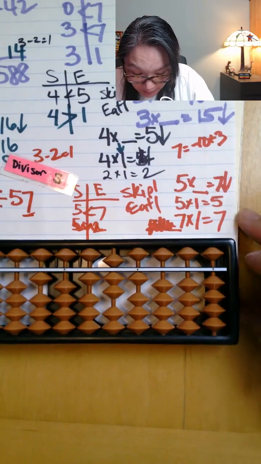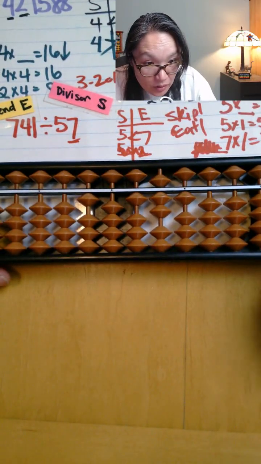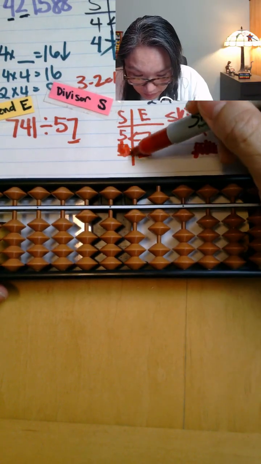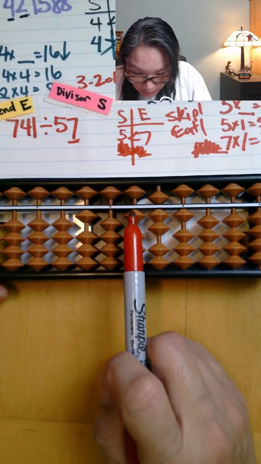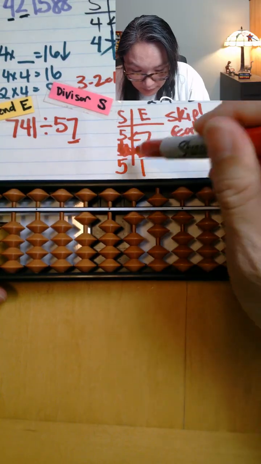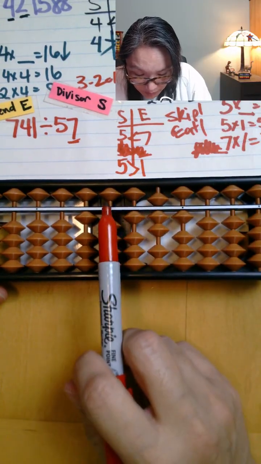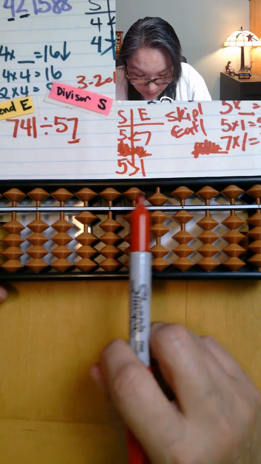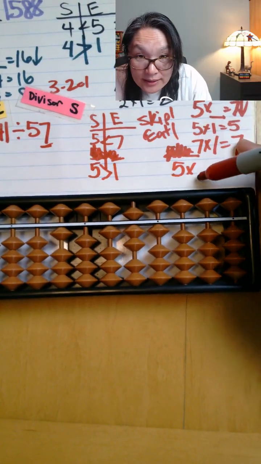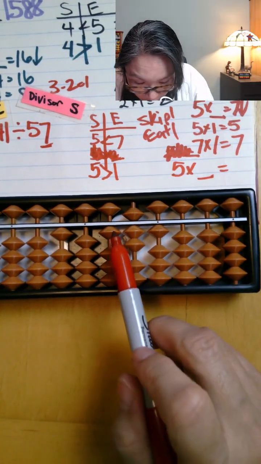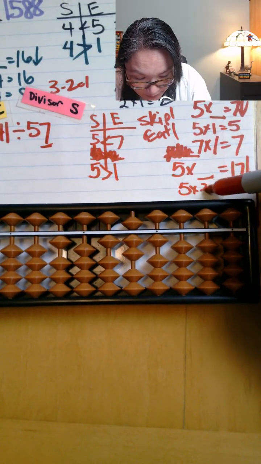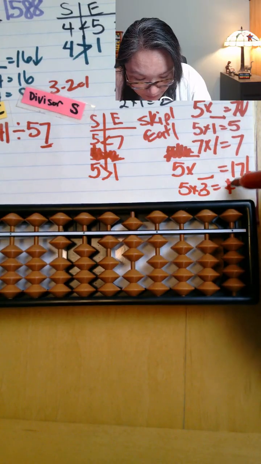I'm just thinking. All right, what's next? So now my 5 or 1, 5 is bigger. So I take 2 digits. These are the 2 digits. 5 times what is equal to 17 or less? 5 times 3 is equal to 15.